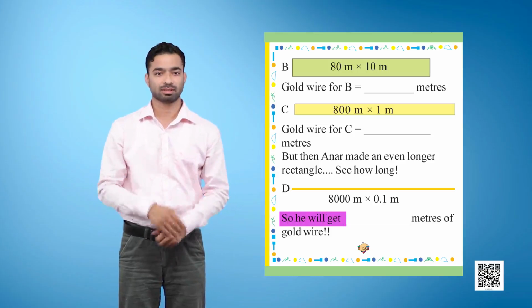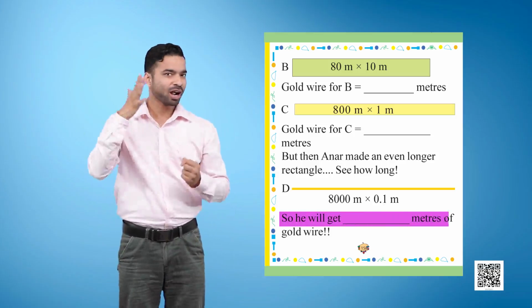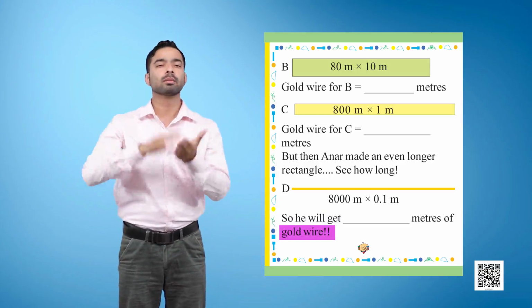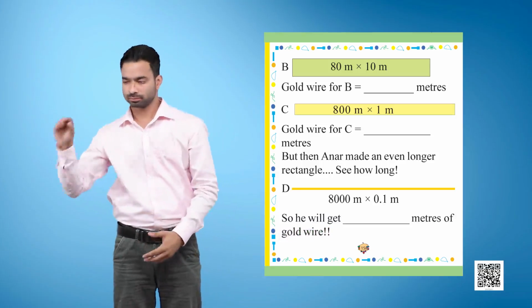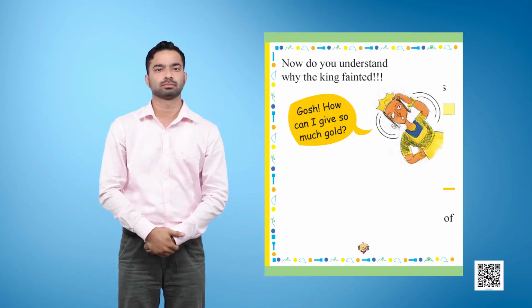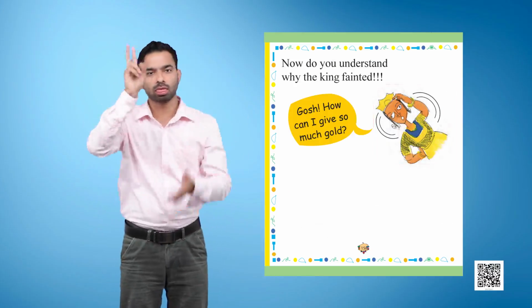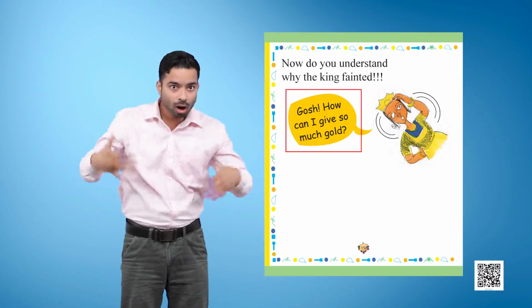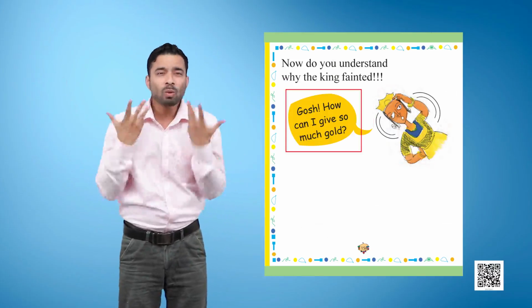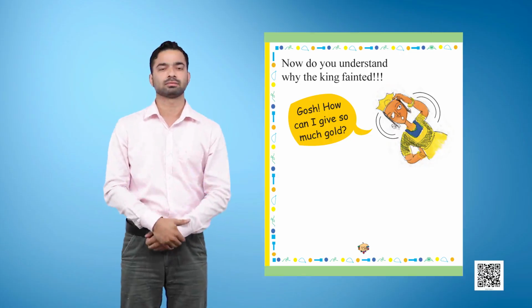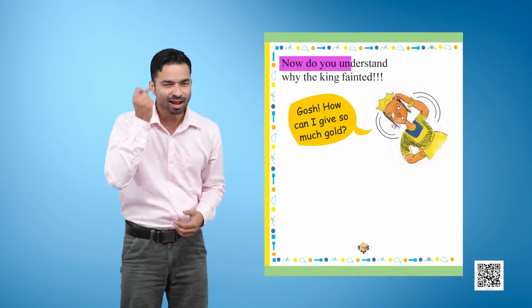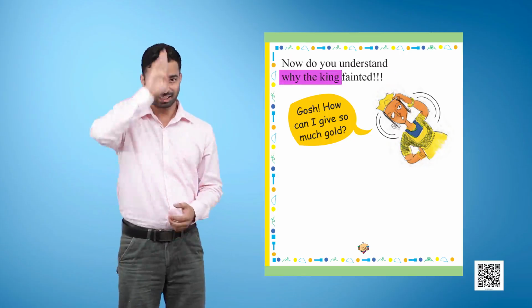So he will get dash meters of gold wire. When the king heard this, his reaction was, "Gosh, how can I give you so much gold?" Now do you understand why the king fainted?